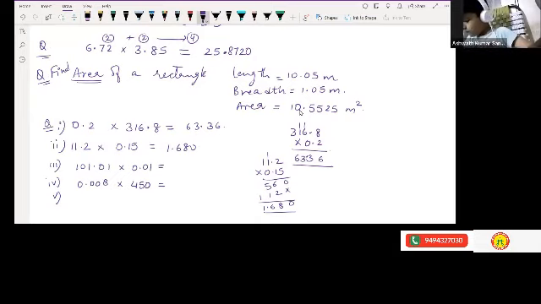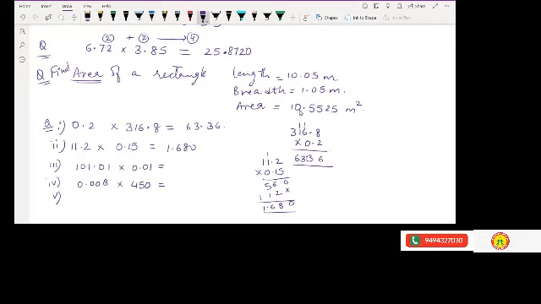Do the next. Ma'am, the second one is 1.680 and the third one is 1.010. Yes, ma'am. 1.010. Okay. Others also please give your answers so that we can check. Ma'am, 1.0101.